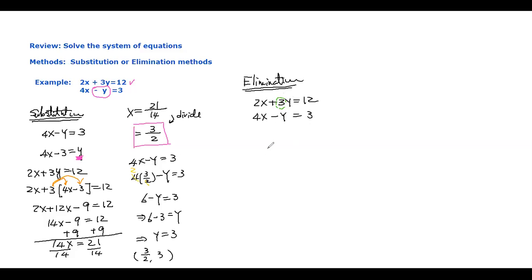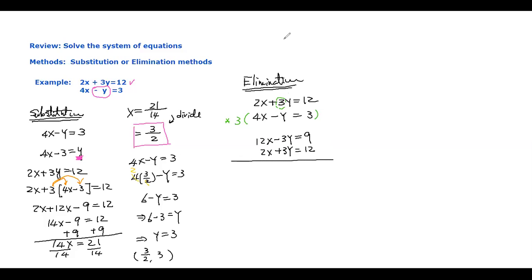So what I can do is multiply by 3 on both sides of this equation. So I have 12x minus 3y equals 9. I did not change anything in my first equation, so it is 2x plus 3y equals 12.